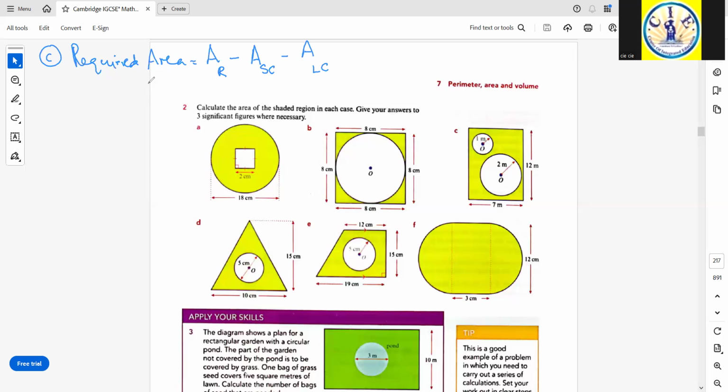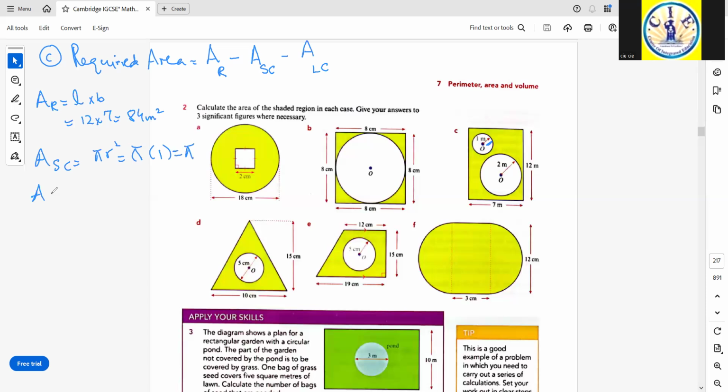Area of the rectangle is given by the formula length times breadth, that is 12 times 7, 84 meter squared. Now area of the small circle is given by the formula pi r squared, that is pi times 1, because the radius of the small circle is 1 meter.